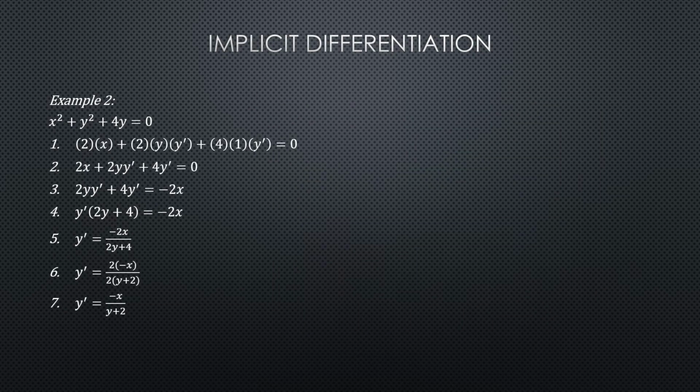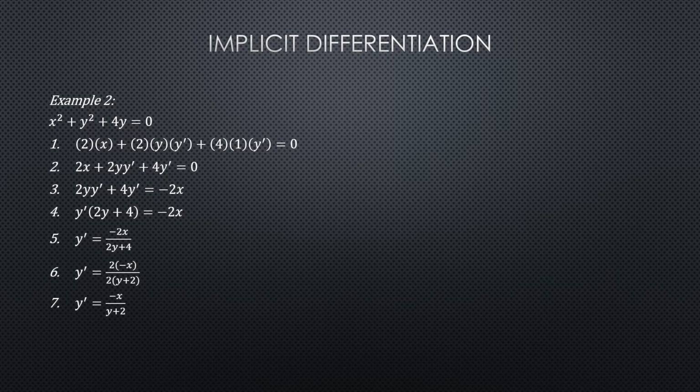All right, so here's example 2, and you can see we're doing the same thing. We've got our 2x, that's the derivative of the x squared, and then we're going to do essentially the derivative of the y squared, but we're going to add an extra y prime in there.